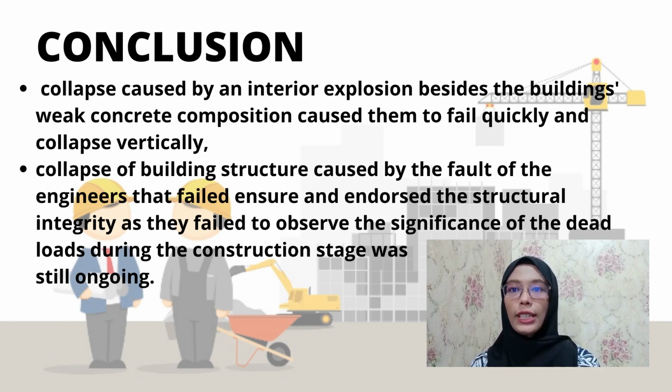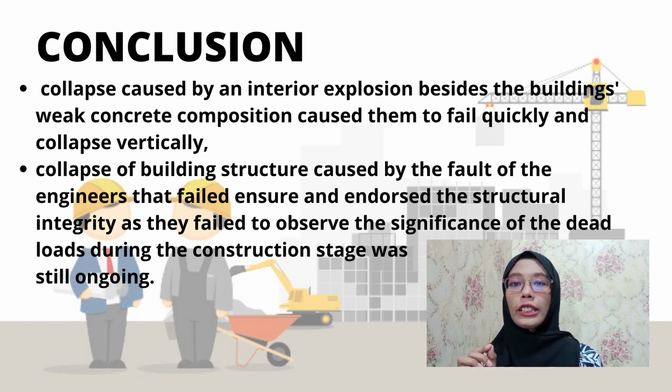From this case study, we can conclude that the Hotel New World collapsed because of an interior explosion and also the fault of the engineers. Hotel New World collapsed by an interior explosion because the building's weak concrete composition caused it to fall quickly and collapse vertically.